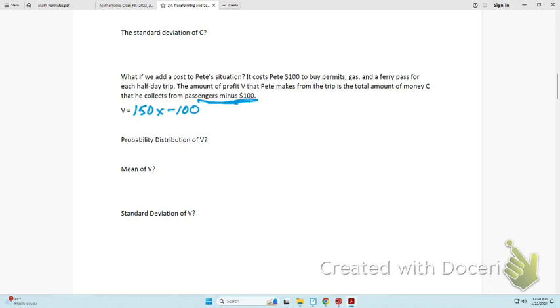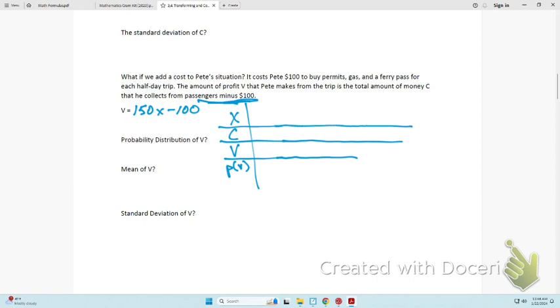So when we do our probability distribution, we have all these values to take into account. So if it clearly asks for the probability distribution, then yes, you have to do it. If it doesn't, you can do the shortcut I showed you earlier.